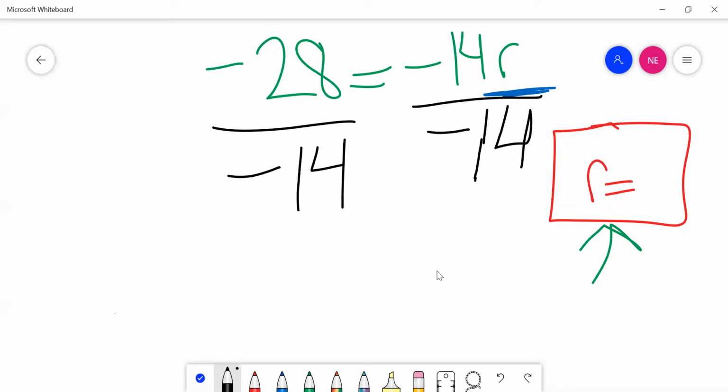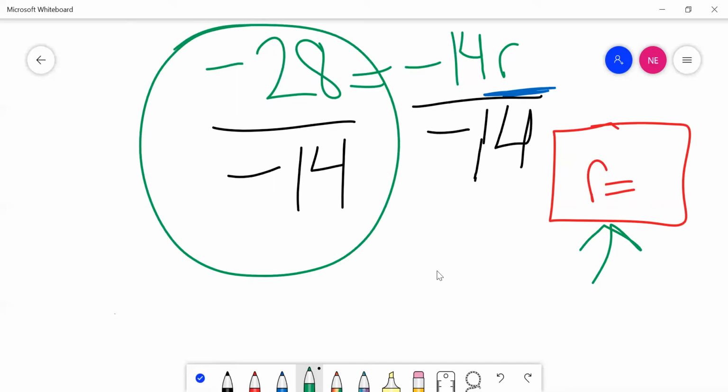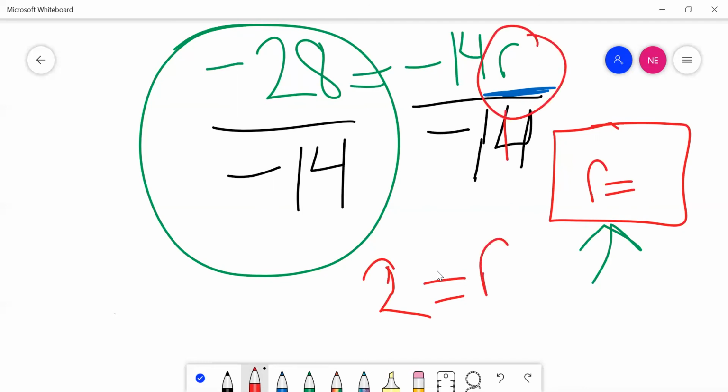And now this is our last step. This is our main goal, our main answer. So now the only step that you have to do is negative 28 divided by negative 14. So can you please tell me what that is? Yes, that is so true. It is 2. 2 equals r, because you want to bring down the r that you wrote.